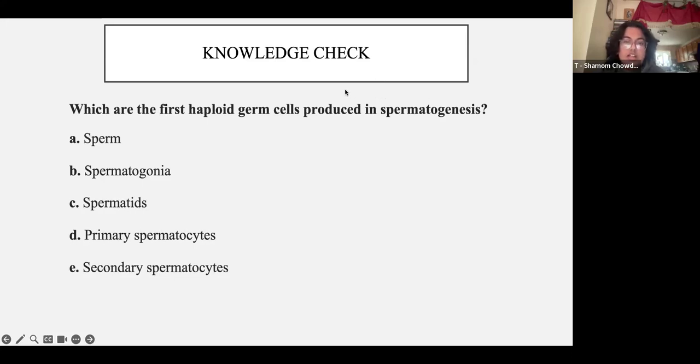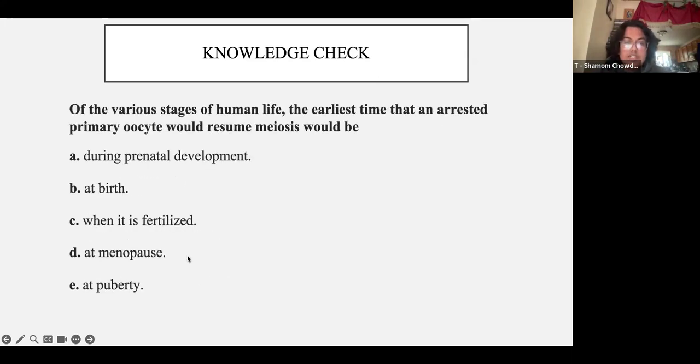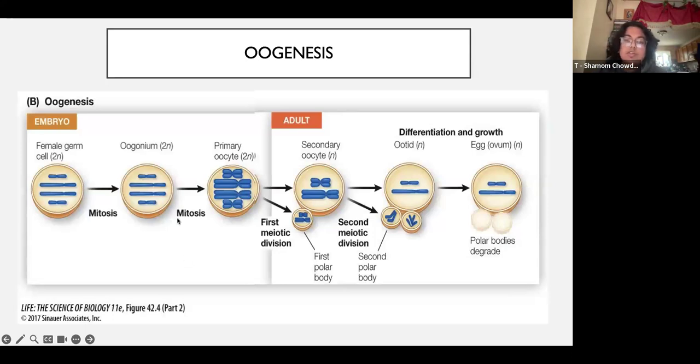That's once again memorization based, and it's also easy to know because even if they ask what are the first haploid germ cells produced in oogenesis, it would be secondary oocytes, because it's a similar naming cycle.